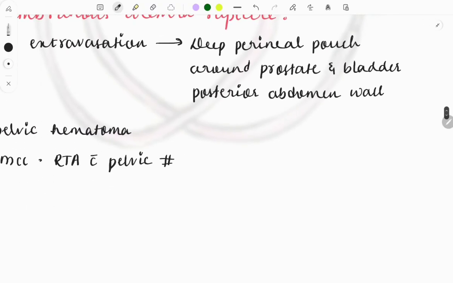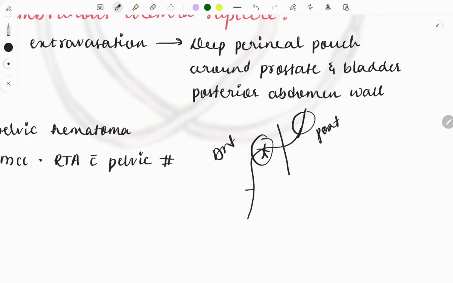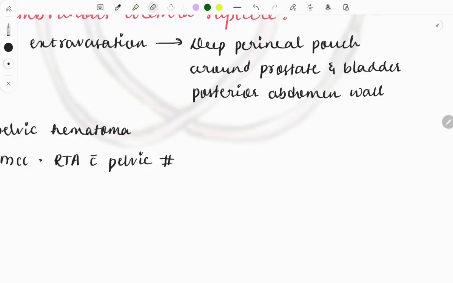We know that it is already classified into the anterior part and the posterior part. This is the prostatic, the membranous, then this is the bulbar, and this is the penile urethra. Whenever there is a rupture of the bulbar urethra, all the anterior things will be involved, and if there is an injury to the membranous urethra, the posterior things will be involved. Just remember this basic concept, and you can apply it to rule out options and easily reach the diagnosis.